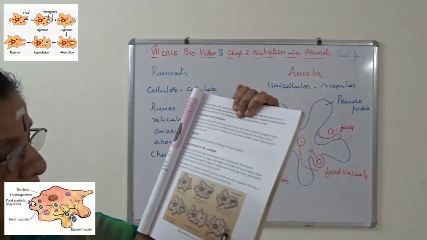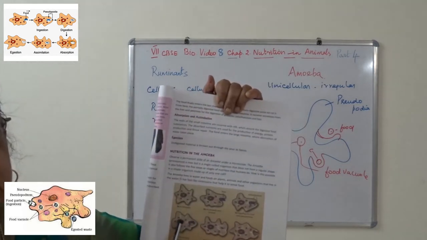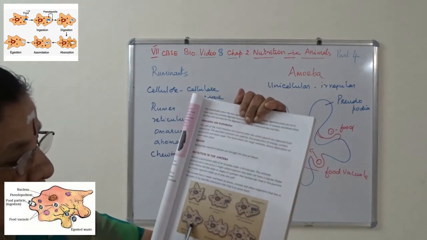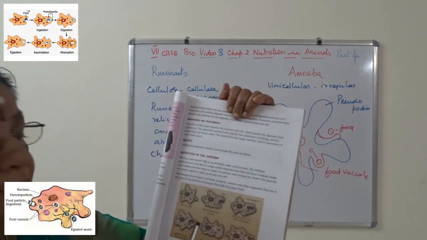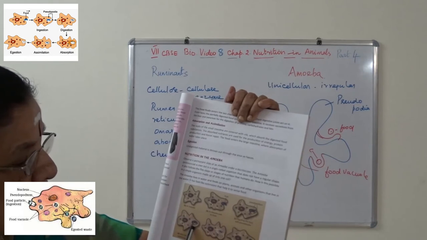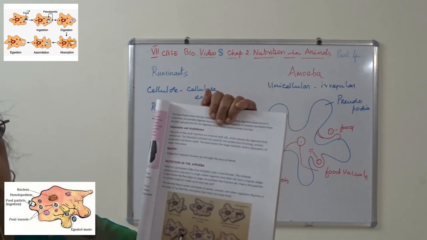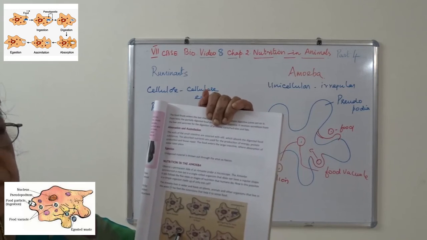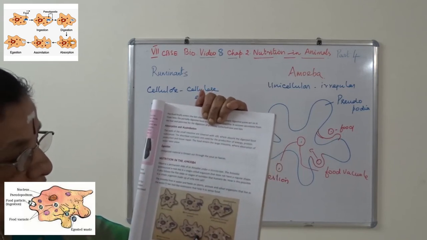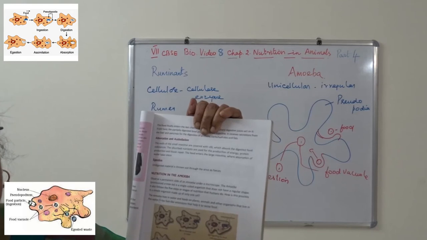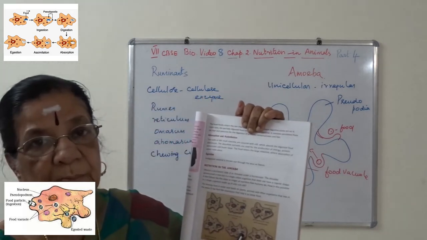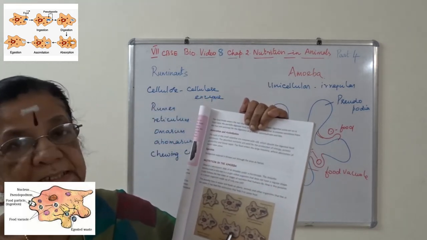So that engulfed food is entering into the body, and here it is totally engulfed and forms a food vacuole. And then here it is digesting the food. The food that is captured by amoeba is getting digested.